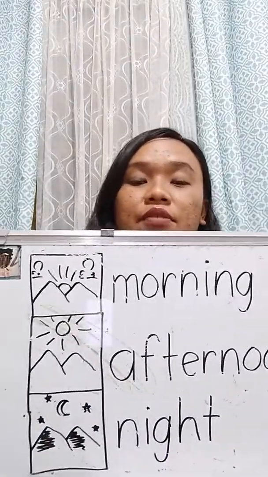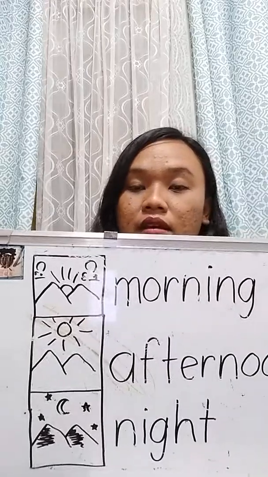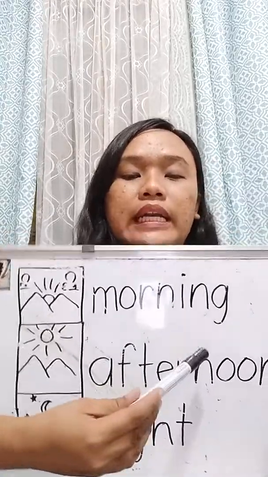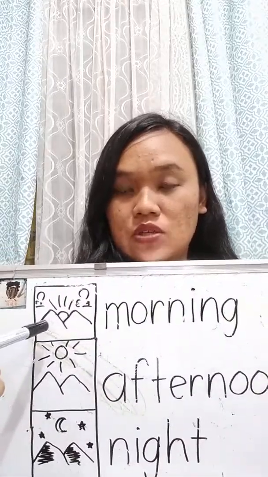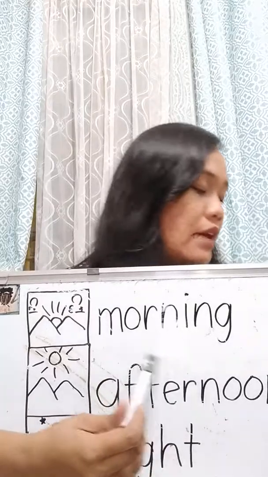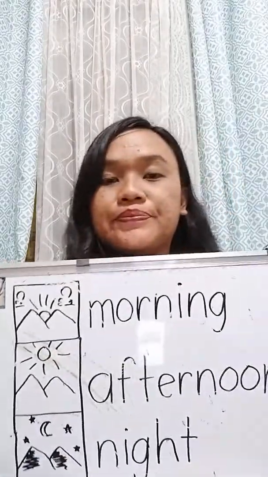So which part of the day shows the sun rising? You're correct. The time of the day is morning. Very good. So here the sun is rising during the morning. So copy this word, this answer for number 3. Let's move to number 4.